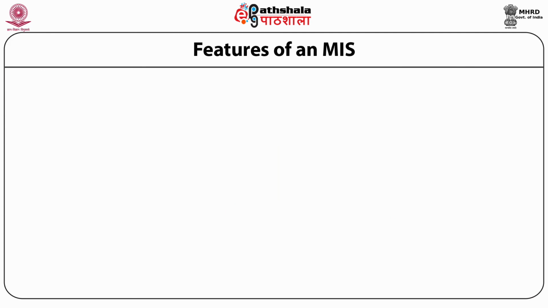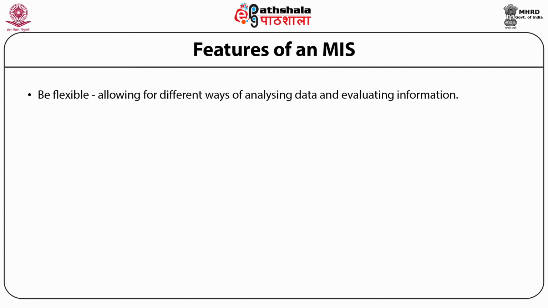Features of an MIS. Let's take a look at some of the features of any typical management information system. Firstly, it should be flexible, which means that it should be allowing for different ways of analyzing data and evaluating information. Secondly, it should be able to support a wide range of skills and knowledge.